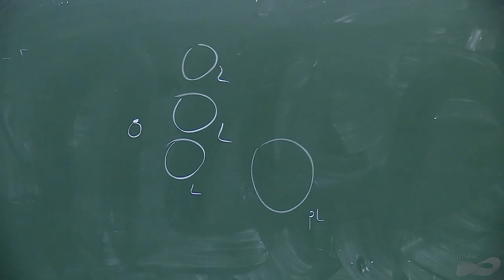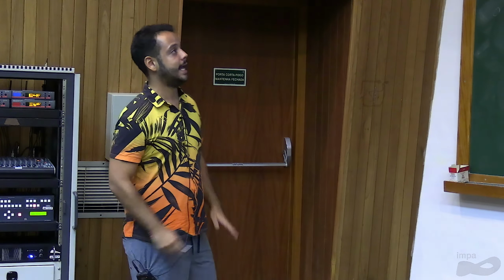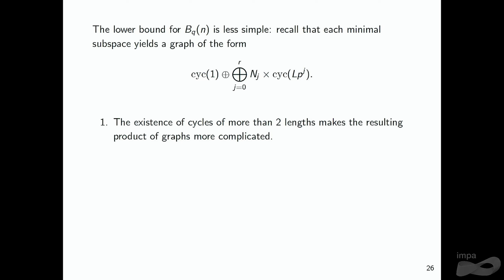We have many possibilities of all combinations, and this makes everything harder to compare, because I will now take two maps and compare these products of cycles and try to get some conclusion, right?